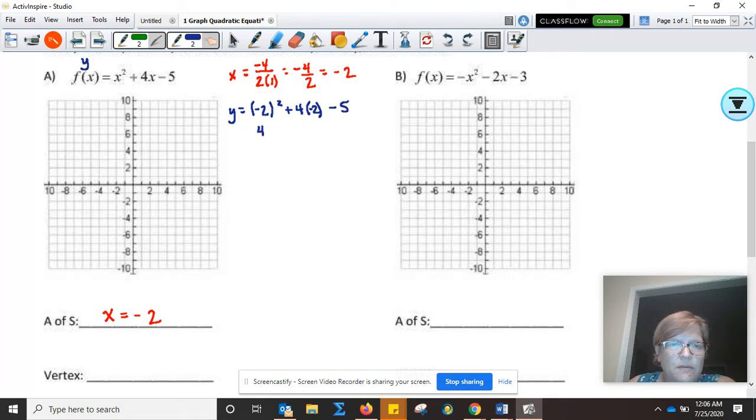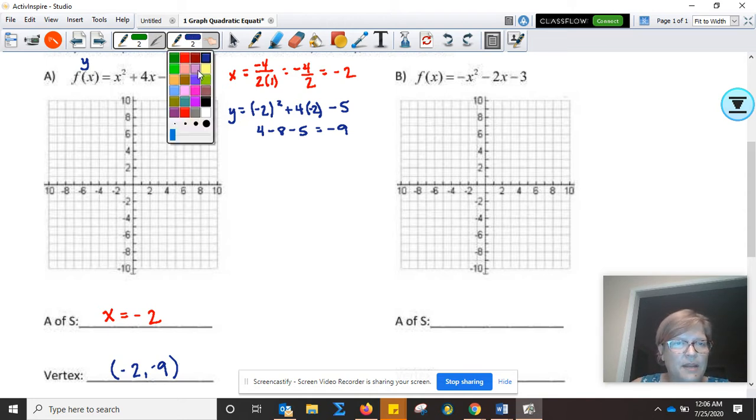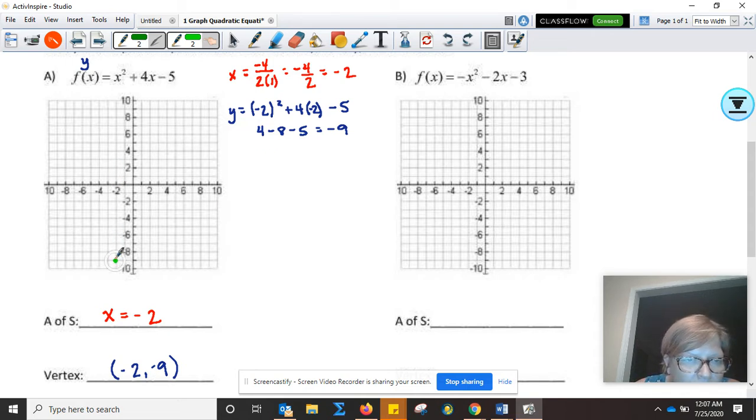So we have 4 minus 8 minus 5. So negative 4 minus 5 is negative 9. So our vertex is going to be negative 2, negative 9. All right, and now to graph that, I'm going to go ahead and plot our point, negative 2, negative 9, right here.